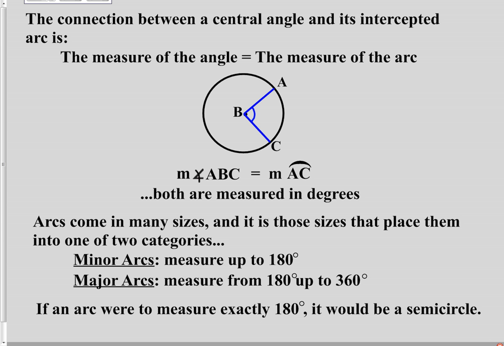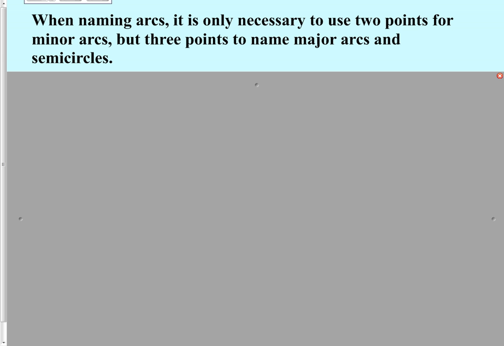We also broke the sizes of our arcs into basically three categories. Arcs can be classified as minor arcs if they cover less than half of the circle. They can be classified as major arcs if they cover more than half of the circle. And of course, if an arc were to measure exactly half of a circle, the term for that is semicircle.